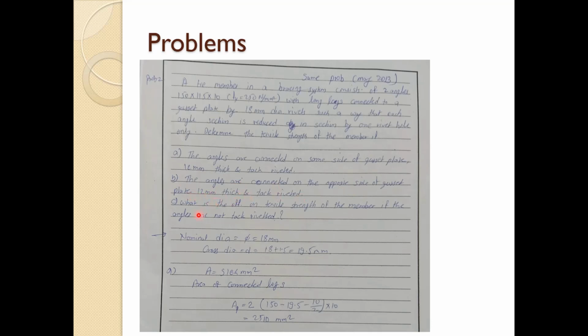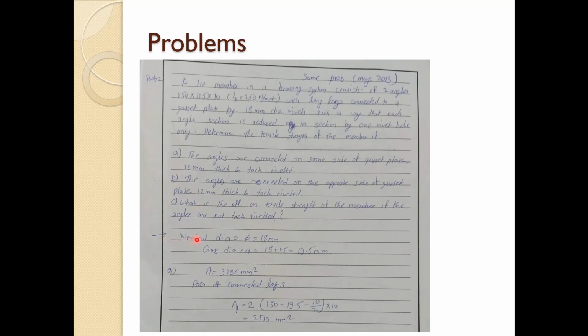And the last condition is the effect on the tensile strength of the member if the angles are not tack riveted. So in the first case they are on the same side, in the second case on opposite sides, and the third is the effect on tensile strength if the angles are not tack riveted. The first two cases are tack riveted and the third case is not.